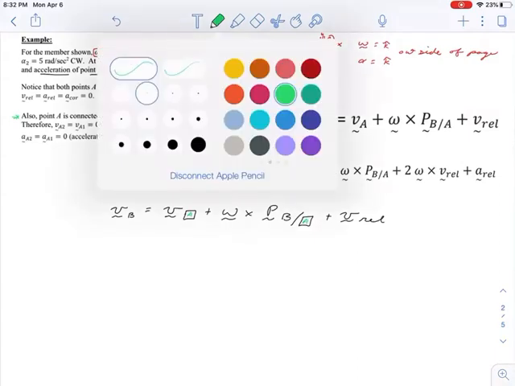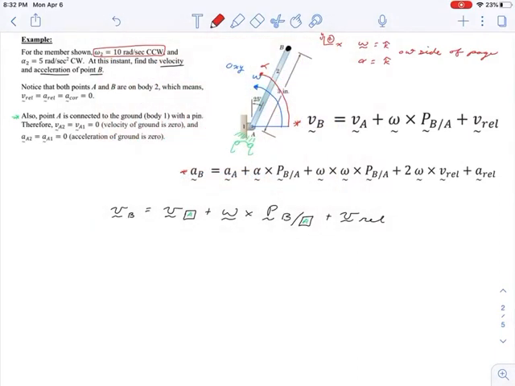Okay, again, there's a couple things that'll make this equation a lot simpler, and one is that since we chose point A, point A and point B are both on one body, that means that the relative velocity is equal to 0.